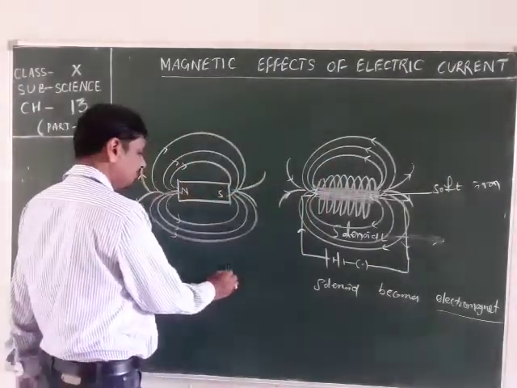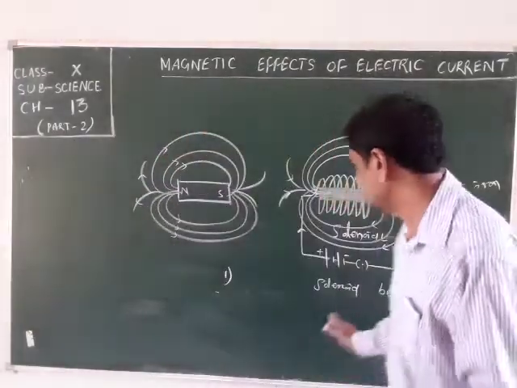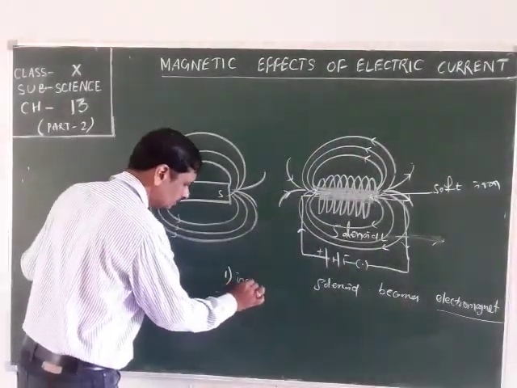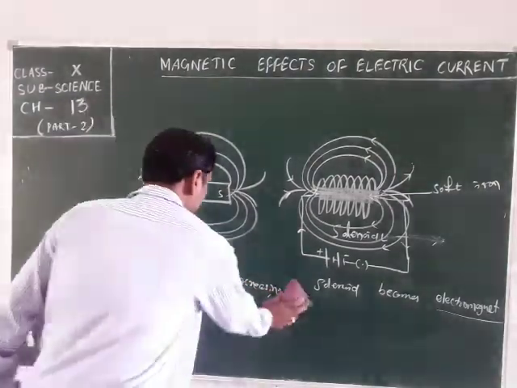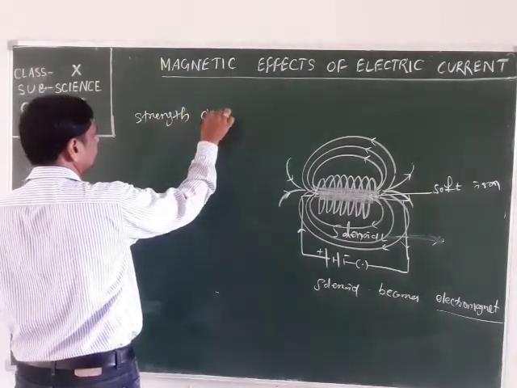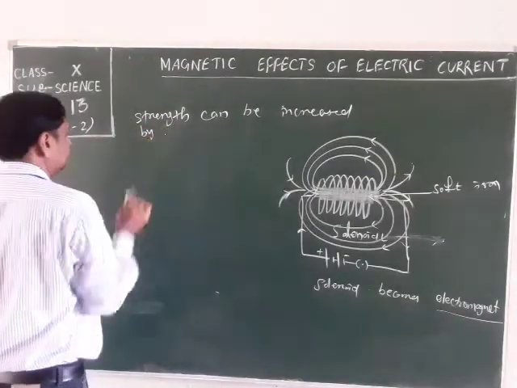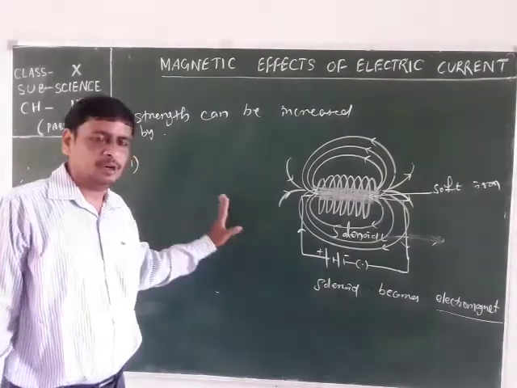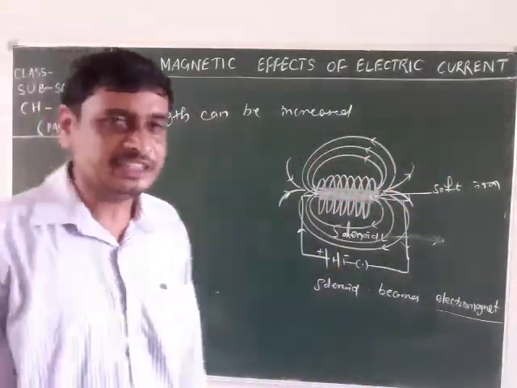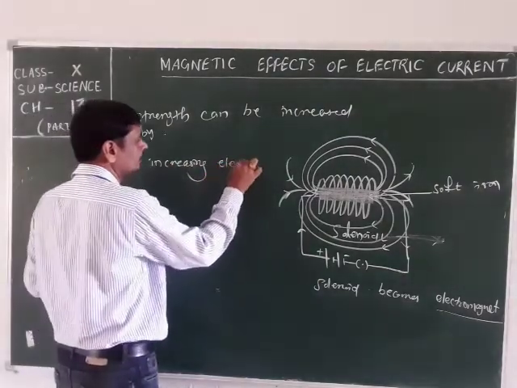First, when the amount of electricity provided by the battery is increased, the strength of this electromagnet, or the strength of the magnetic field produced by the solenoid, will increase. That is, the amount of electricity flowing through the copper wire is increased by increasing the electric current.